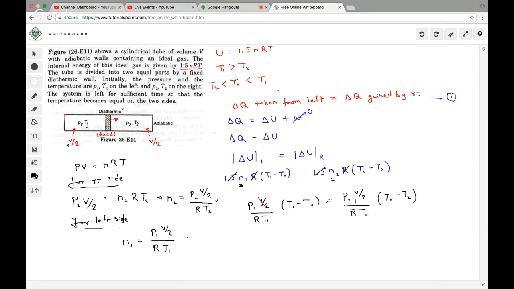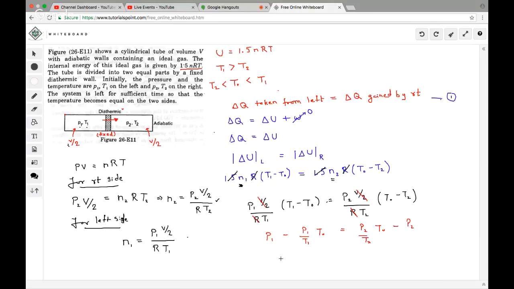From here, I can cancel out V by 2 and R. Simplifying this, I get P1 minus P1 by T1 into T0 equals P2 by T2 into T0 minus P2.